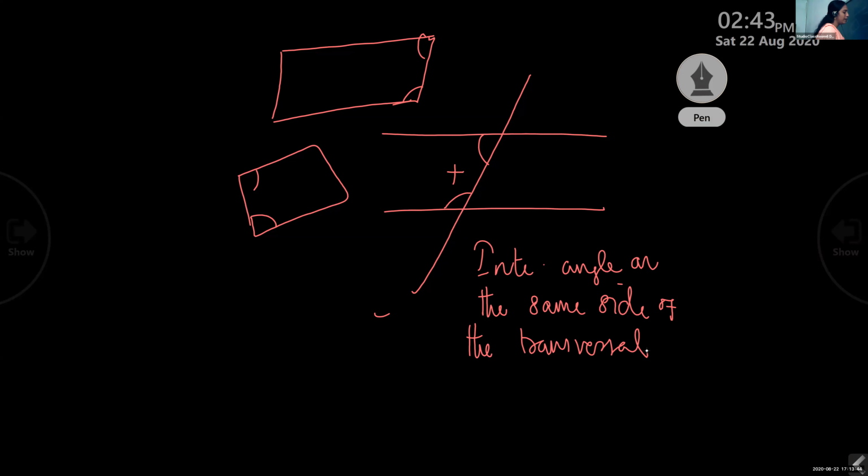You can use the word supplementary. Interior angles on the same side of the transversal are supplementary. Even though the sum is 180 degrees, we cannot use the term linear pair because it is not adjacent. Linear pair should always be adjacent. It is supplementary. Now look at this parallelogram.